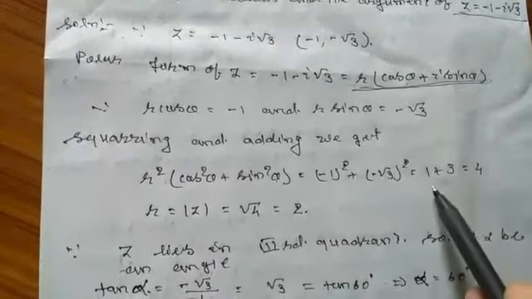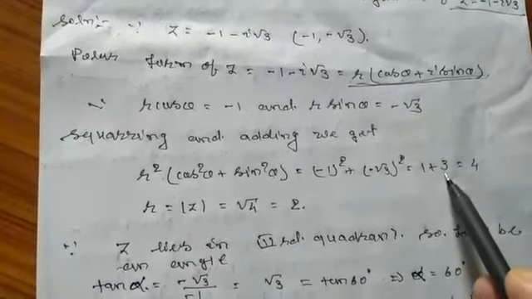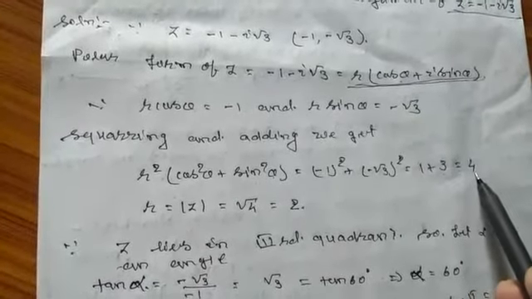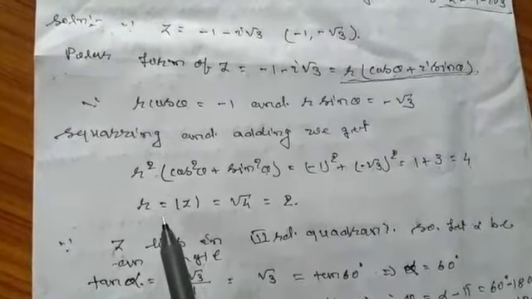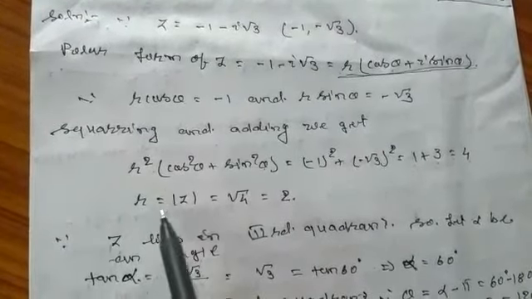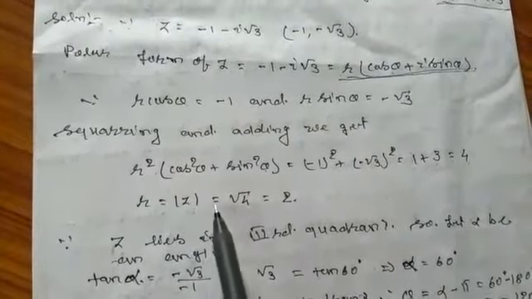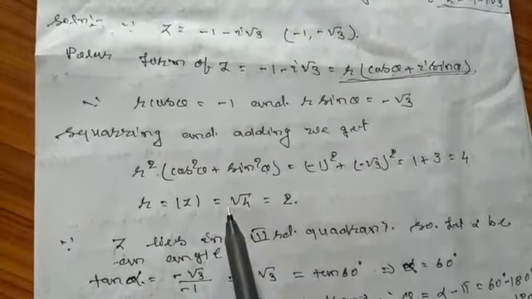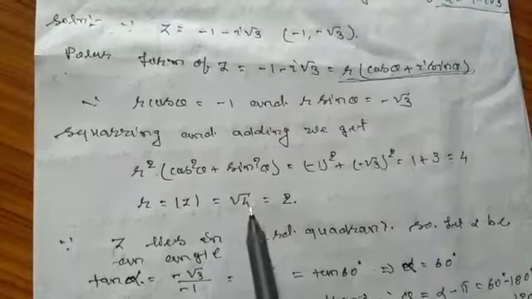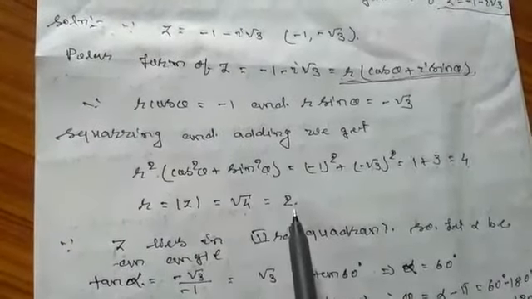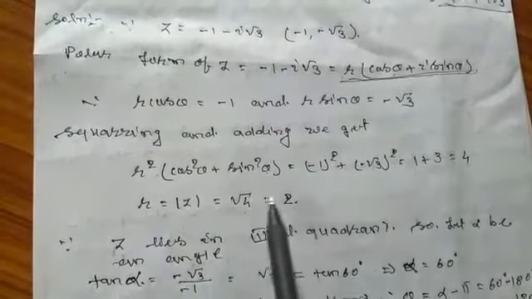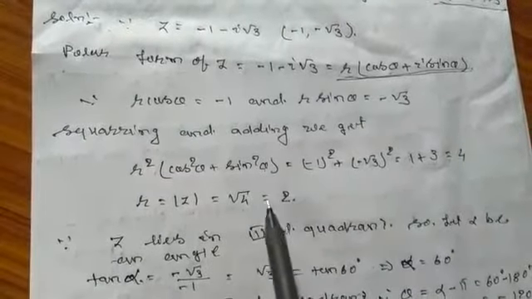On further solving, we have 1 plus 3, that is equal to 4. So now r, that is modulus of z, will be equal to square root of 4, that is its value is 2. So this is the modulus of the given complex number.